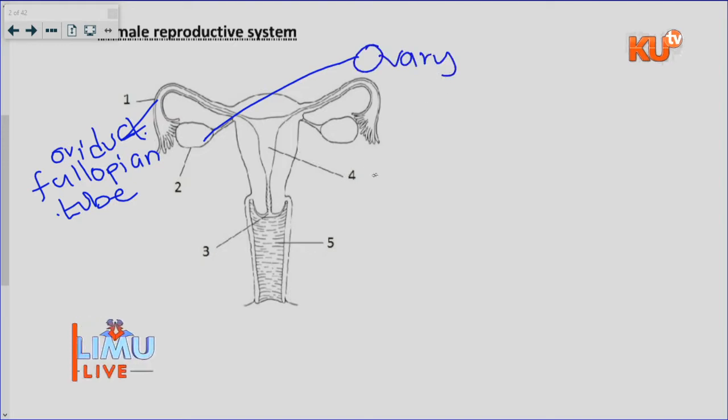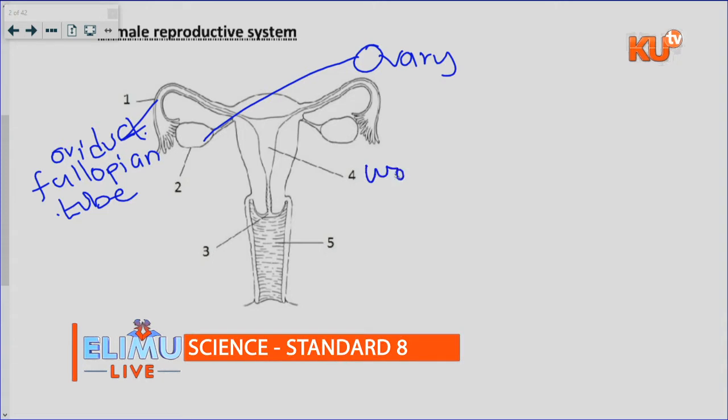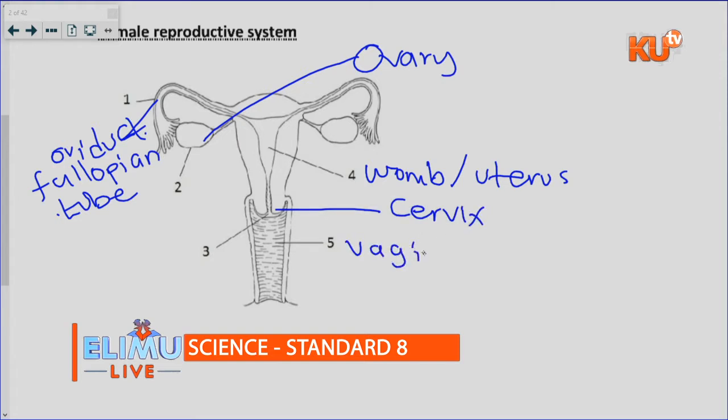Number four is called the womb. The other name of the womb is uterus. Number three is the cervix. Number five is the vagina. And then we have what you call the vulva here.